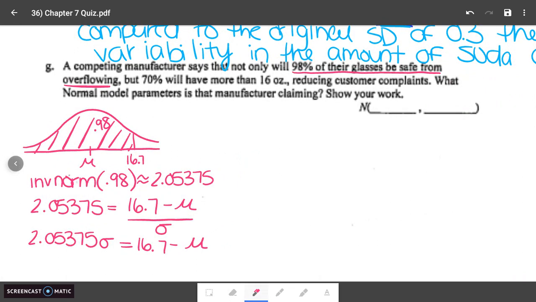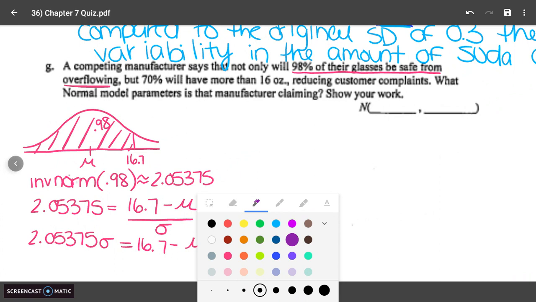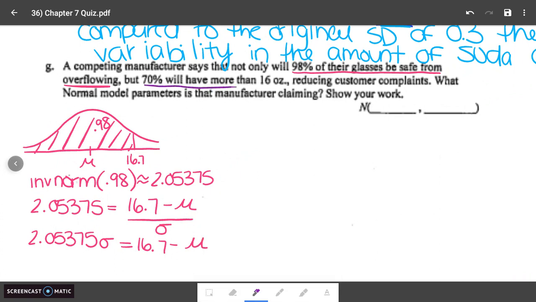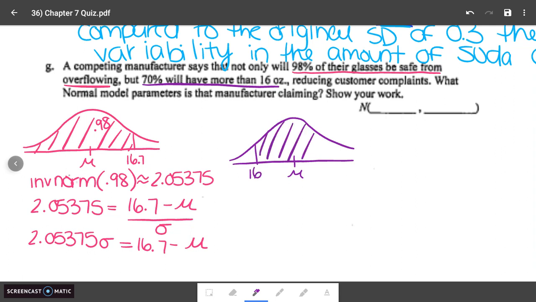The other part that's in here, though, is 70% will have more than 16 ounces to reduce the customer complaints. So I'm going to picture that as well. I have my normal model. We have 16 over here, and we want more than 16 ounces in here to keep the customers happy.